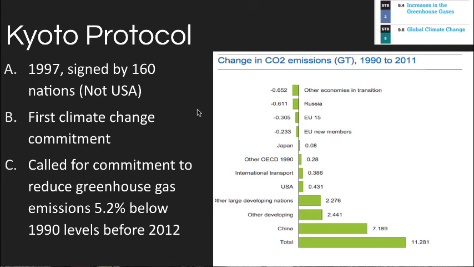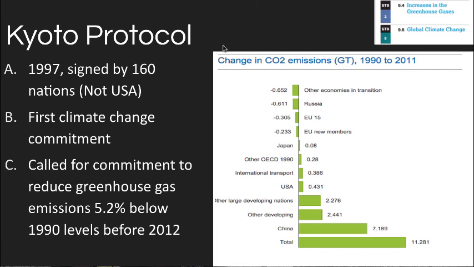This called for a commitment to reduce greenhouse gas emissions 5.2% below the 1990 levels before 2012. Ultimately, this did not occur for everybody by any means, but as a historic environmental movement and the idea that there is a call for change, this is a noteworthy event.